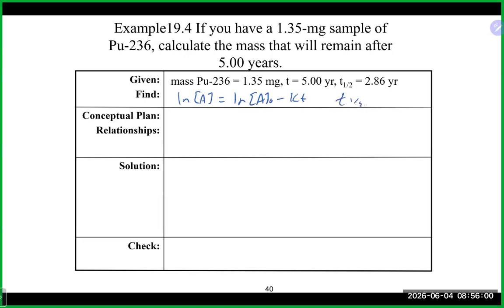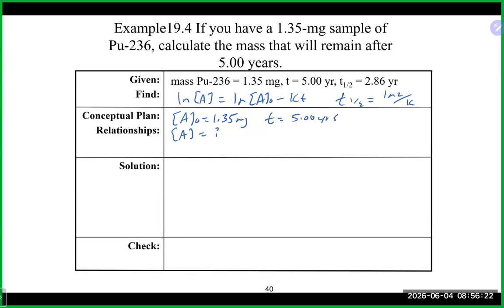We've got our half-life, which is the natural log of 2 over k. So in this particular case, we have our initial 1.35 milligrams. We're looking for how much remains at the end. And we have our time, which is 5 years.